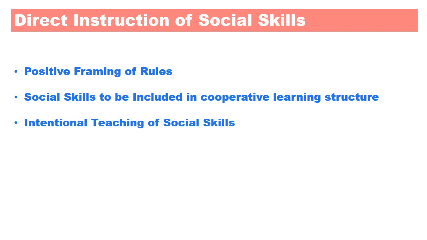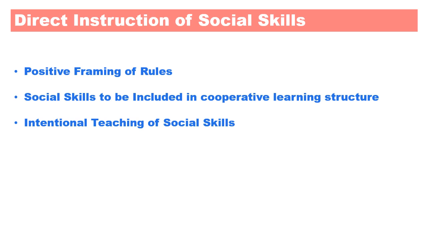Then comes the direct instruction of social skills. The cooperative learning approach requires and enhances interpersonal and small group skills like communication, trust building, decision making, leadership, active listening, accepting others' views, challenging ideas, and compromising. And for that, there is positive framing of rules.